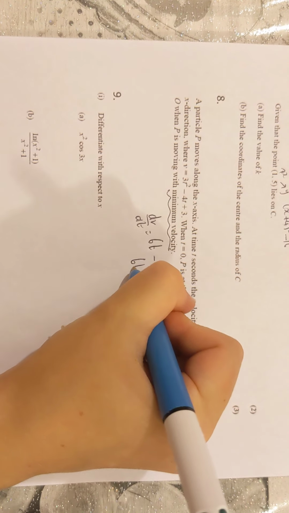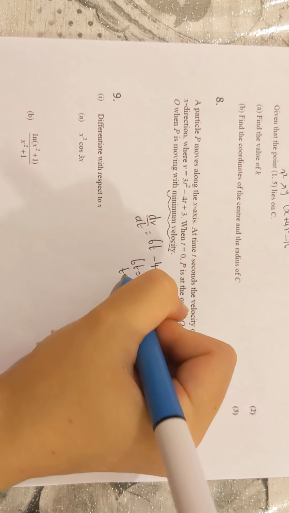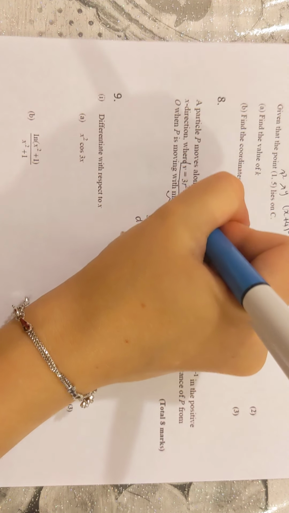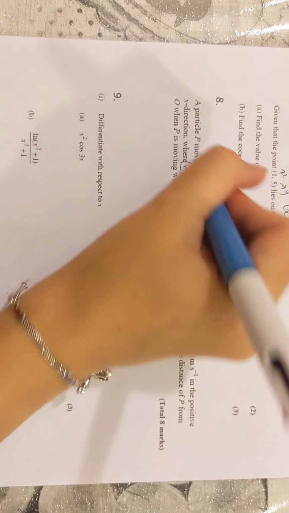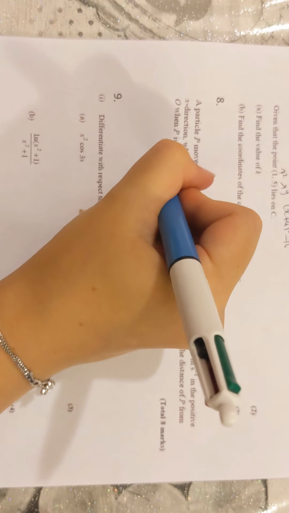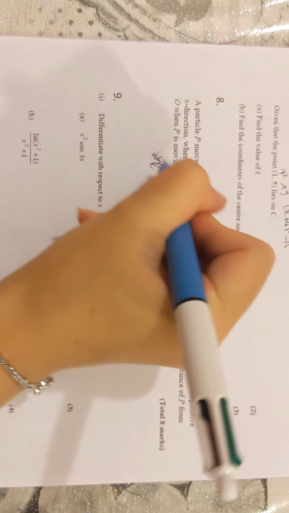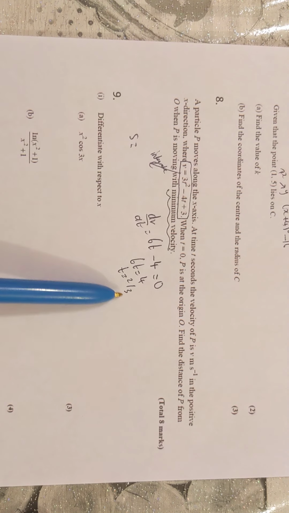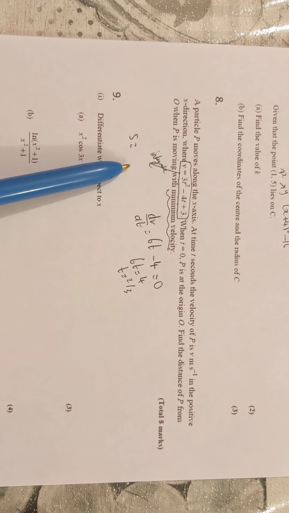So if you add 4 and divide by 6, you're going to get t is 2/3. So you want to find then the distance. If that is your velocity formula here, you would need to integrate that to get your formula for s, and then you can put your value of t into here.